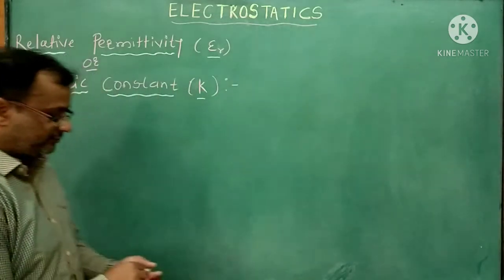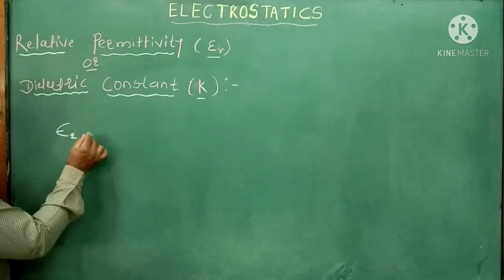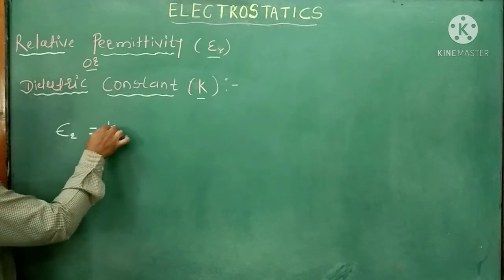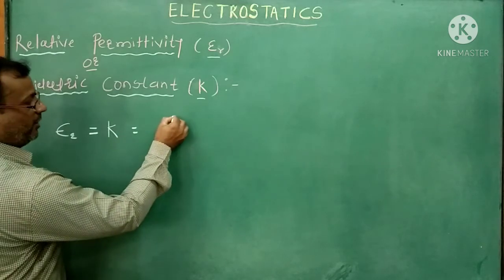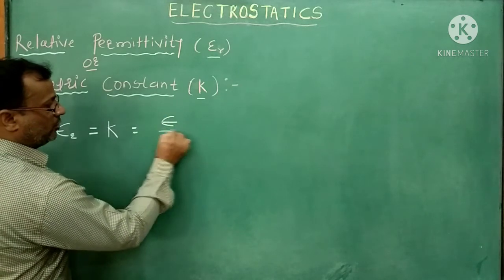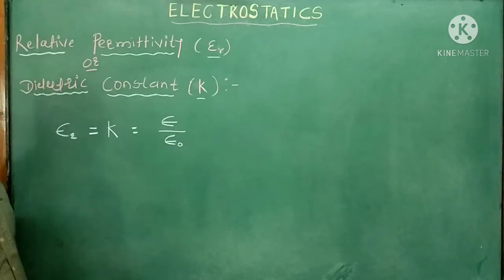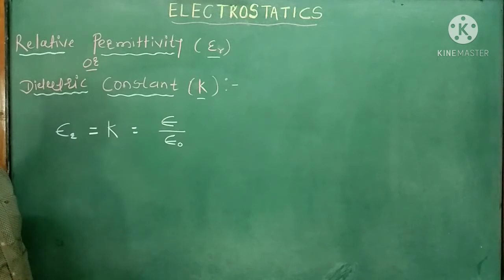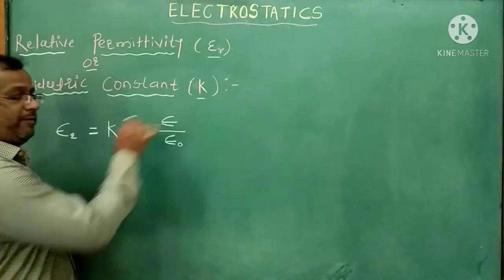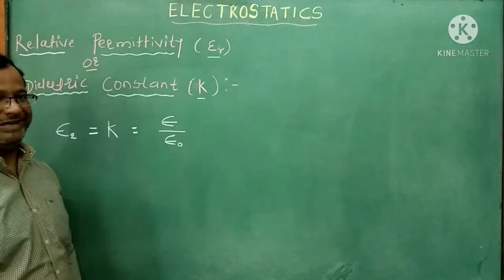See here, relative permittivity or dielectric constant is the ratio of the permittivity of a medium to the permittivity of free space or air medium. Here, epsilon represents the permittivity of a medium, which is also called the absolute permittivity.